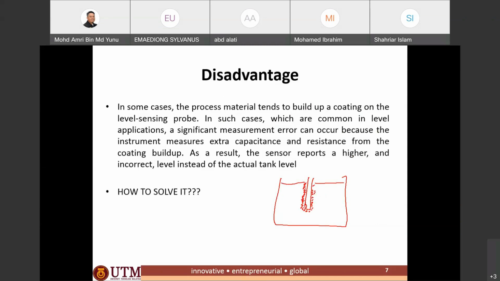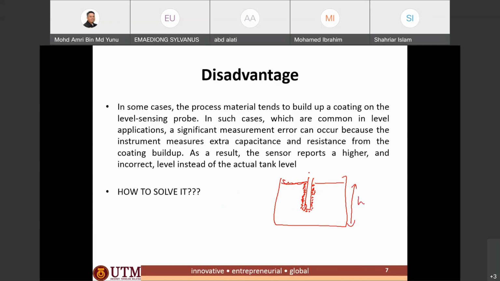That deposition of material around the sensing electrode will cause an error. The output will contain a compounding capacitance, so it will have an error, a misreading when estimating the height.